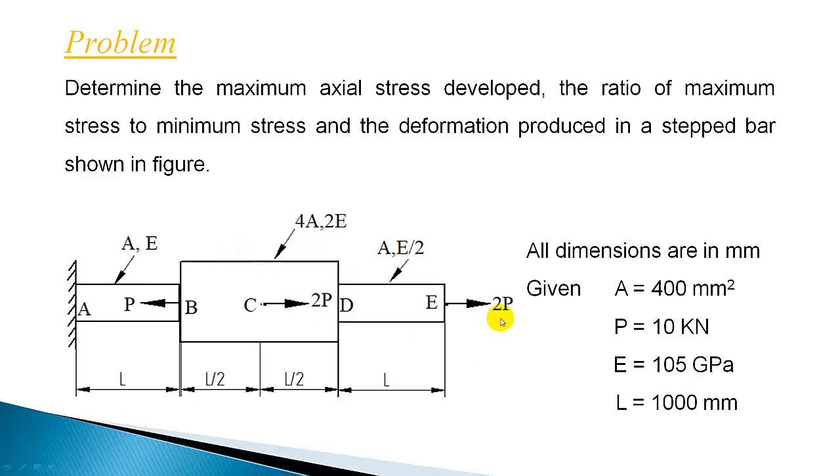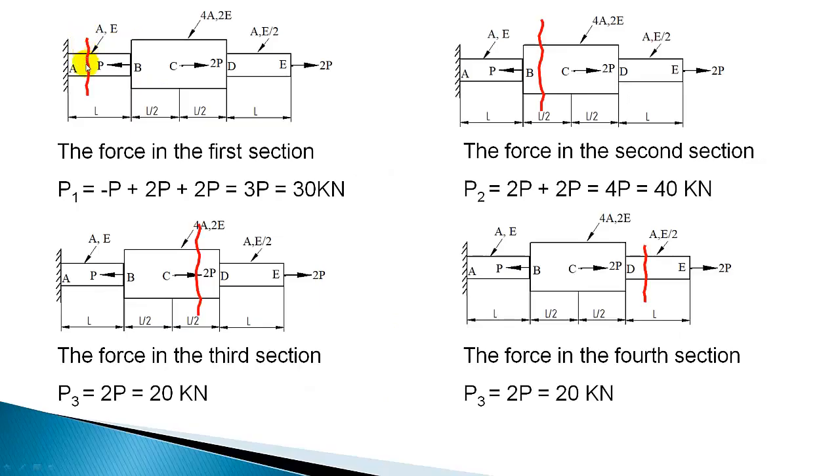Let us find out the forces in the various sections. In the first section, we consider the forces acting to the right of the section. Whatever forces are beyond the section, we will sum up. So here you have minus P because it's leftward, and this is plus 2P, and here it is plus 2P.